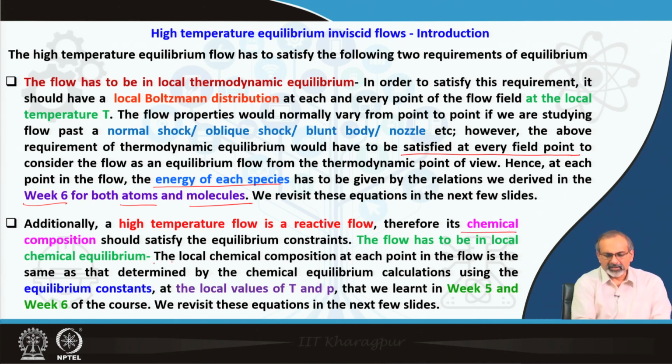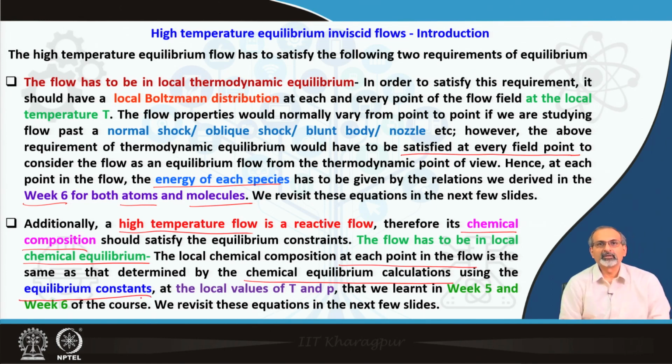As far as chemical equilibrium is concerned, we know that high temperature flow is going to be a reactive flow in general, and the flow has to be in local chemical equilibrium, which means that at each point in the flow the chemical equilibrium calculations have to remain valid.